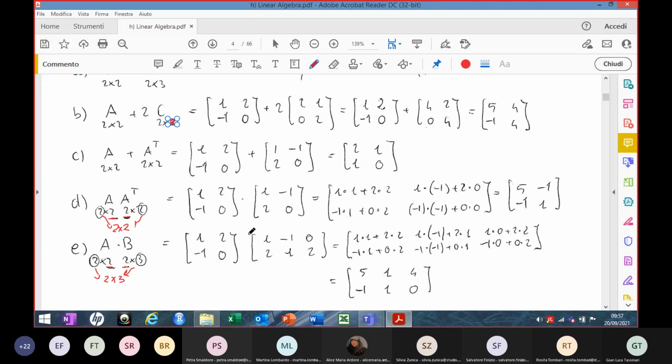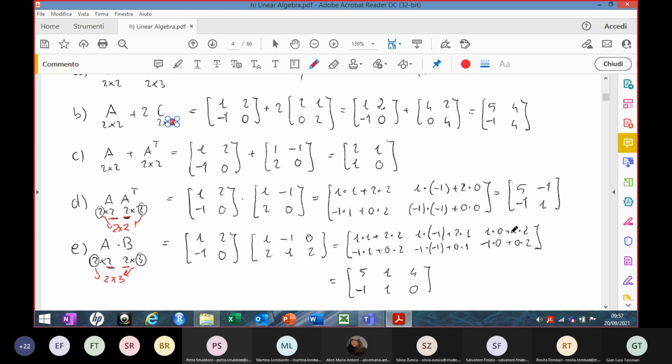Again, the result is 1 times 1 plus 2 times 2. You see, I wrote it here. Then the number you have to put in the second column of this matrix is the product between this row and the second column of B. So 1 times minus 1 plus 2 times 1. And this is exactly what I wrote here.